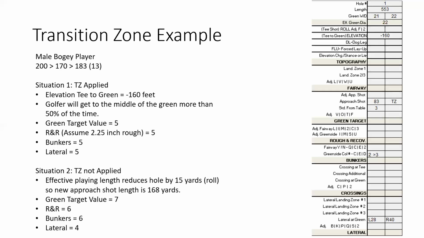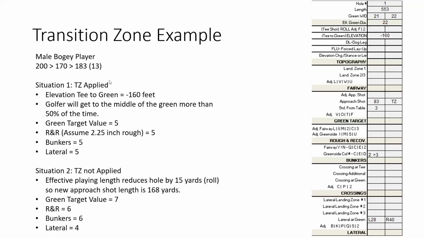We'll get into that specifically potentially later on, but right now we're just going to go ahead and use that 50-50 value as given and not make any adjustments on the green target. And then we go to our bunkers.